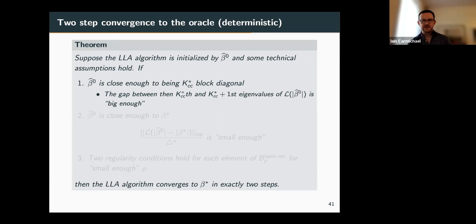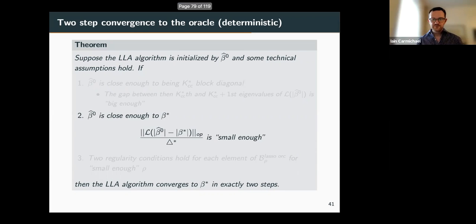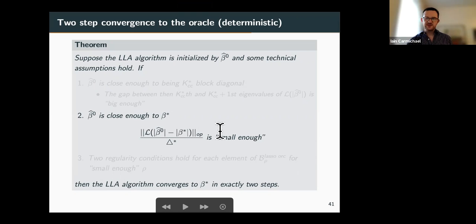First is that our initializer is close enough to being k block diagonal, so that there has to be some evidence of the graph's true structure in beta naught for the Laplacian to be able to do anything. This is a condition I talked about before, namely that our initializer is close enough to the target gap, where this is the quantity we use to measure close enough.